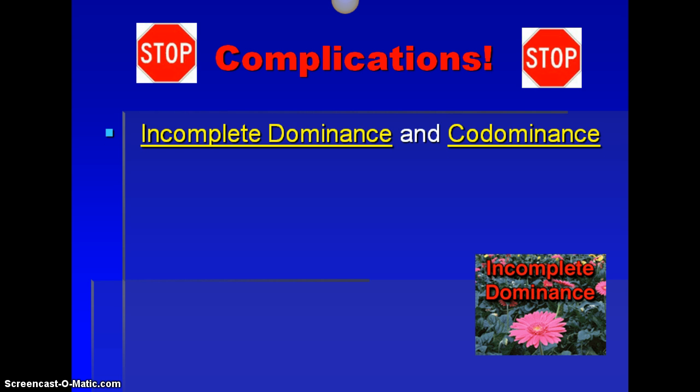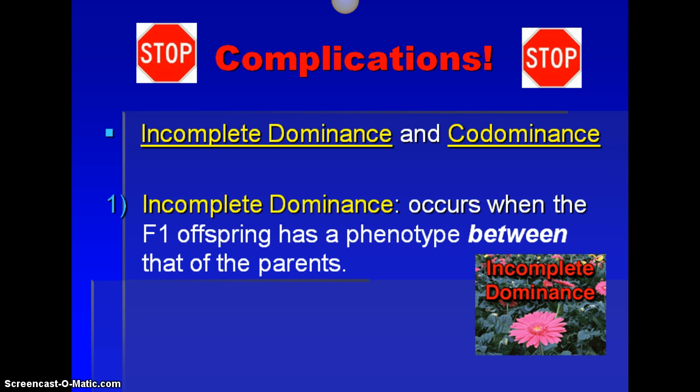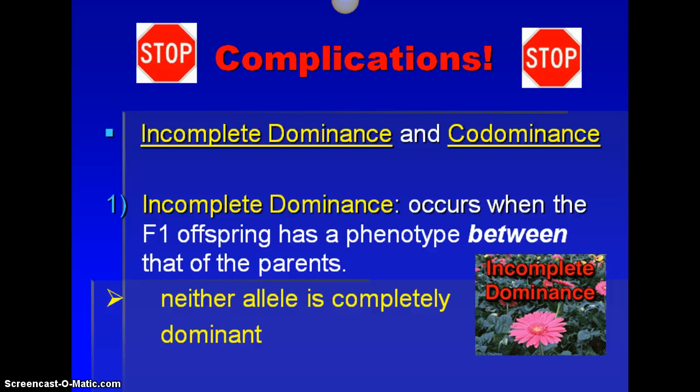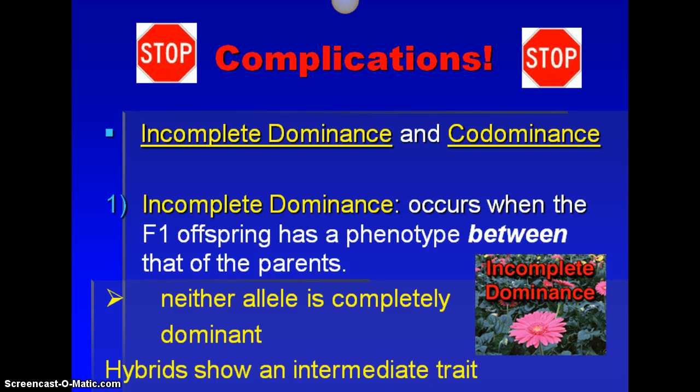So the first one is incomplete dominance and codominance. Incomplete dominance occurs when the heterozygous individual has a trait that's between both of the parents. In this case, neither allele is completely dominant, and hybrids will show this intermediate trait.